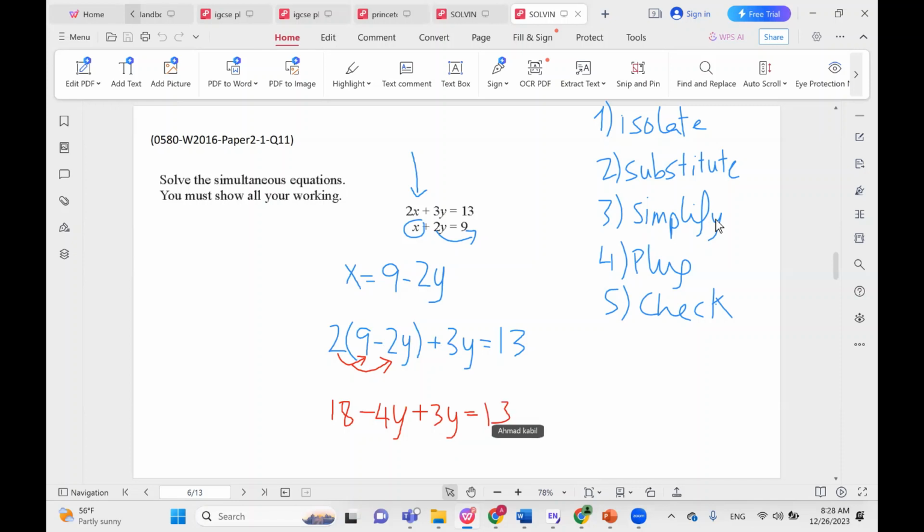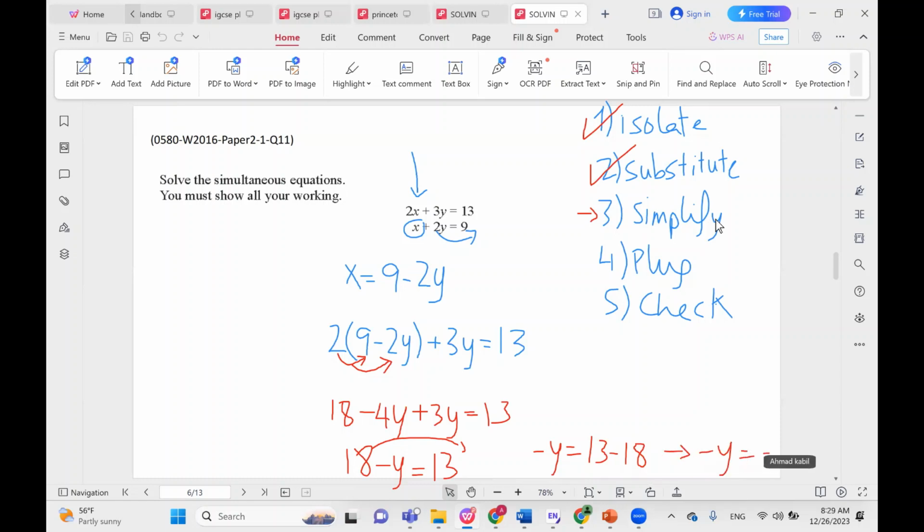Bear in mind, we have finished isolating, substituting, and we're currently in simplifying. Now, minus 4y plus 3y gives you -1y. So 18 minus y equals 13. We take the 18 to the other side. So -y equals 13 minus 18. -y equals -5. If you multiply both sides by -1, you get y equals 5.